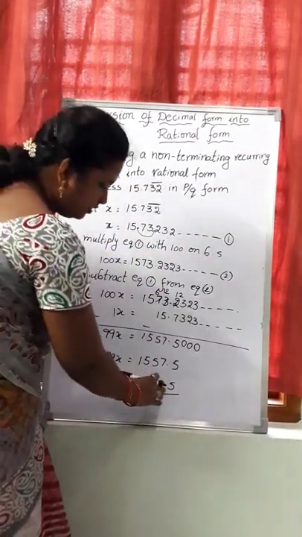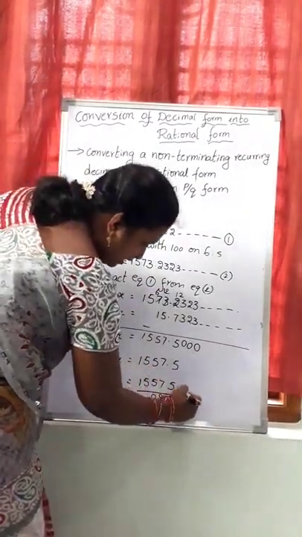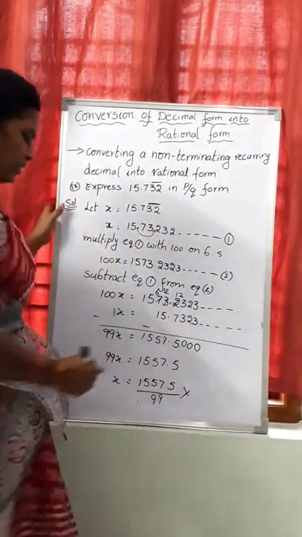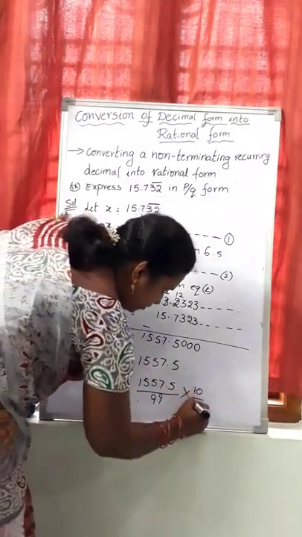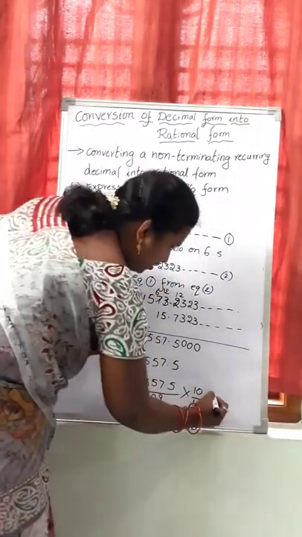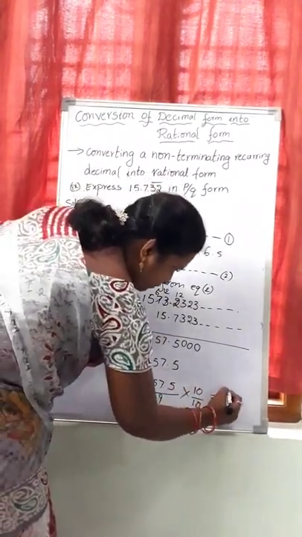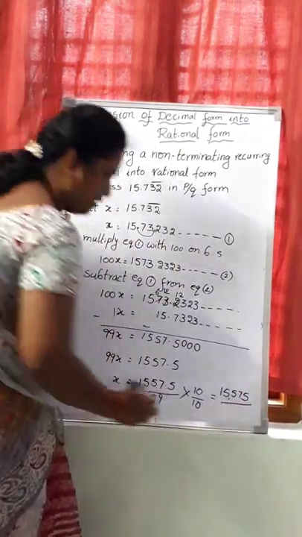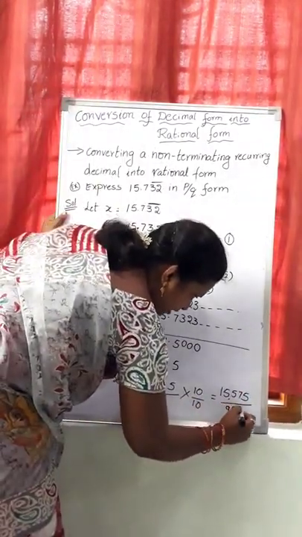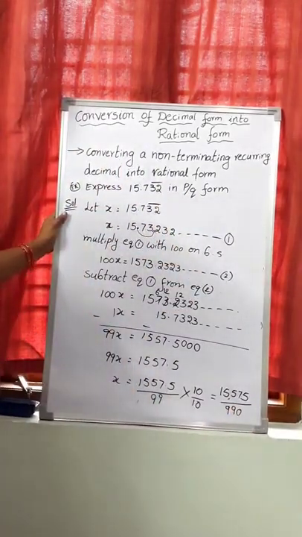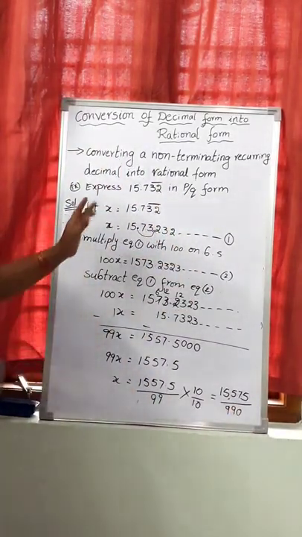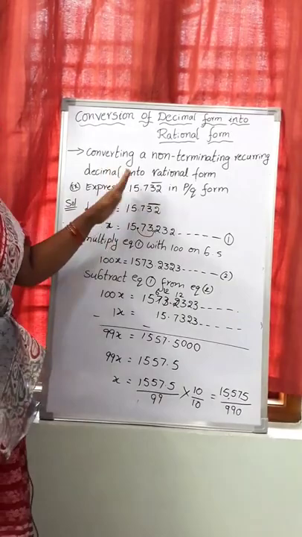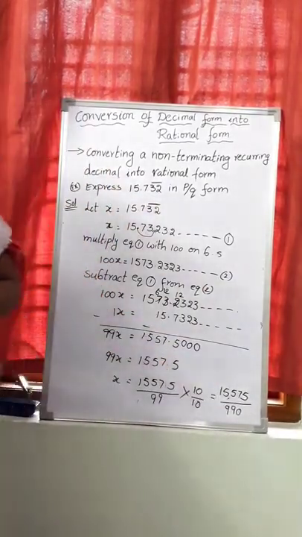Because we have only one decimal place after the decimal point, we multiply the numerator and denominator with 10, and then we get 15575 by 990. Like this we can convert any type of non-terminating recurring decimal into the rational form.